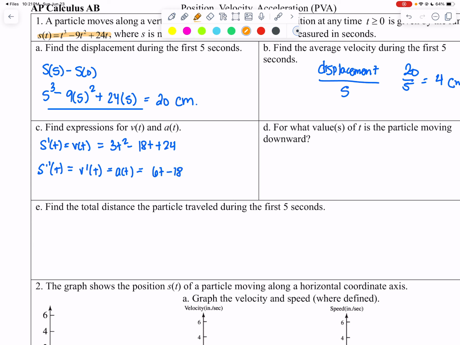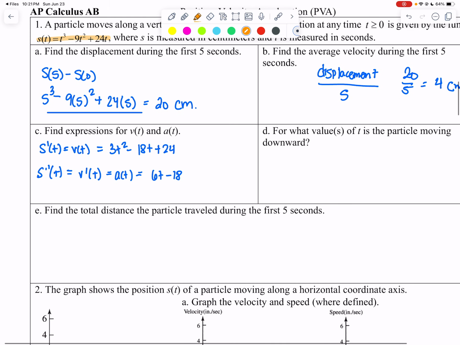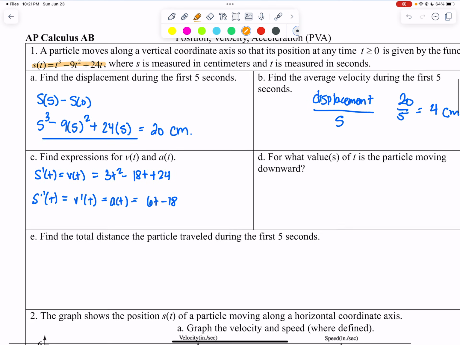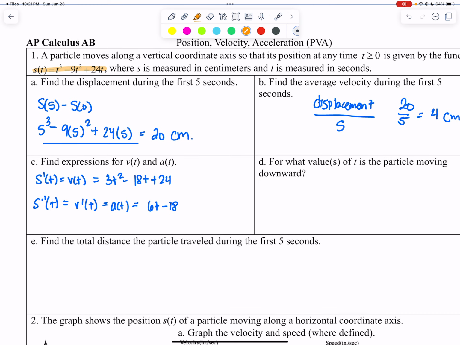Now notice how I wrote down s prime of t and s double prime of t for v of t and a of t. That's because whenever we are working with these types of problems, you always want to relate it back to what the function is, aka what they give you. Because they give you s of t, you always want to relate velocity based off of s of t and acceleration based off of s of t.